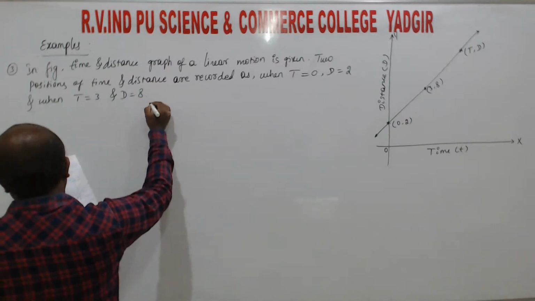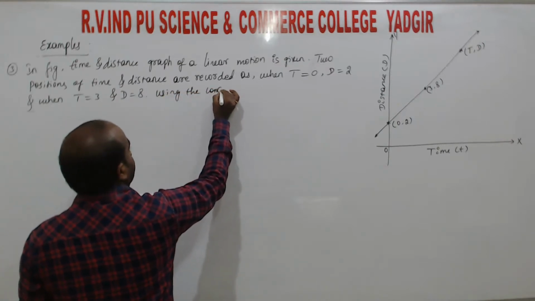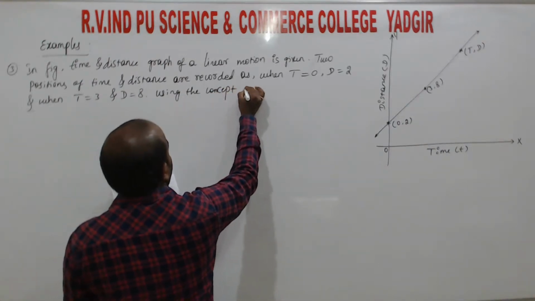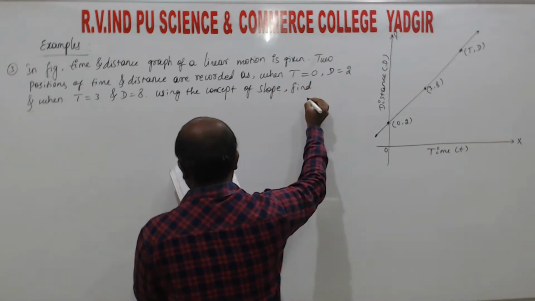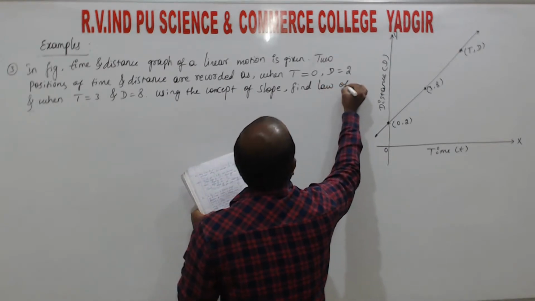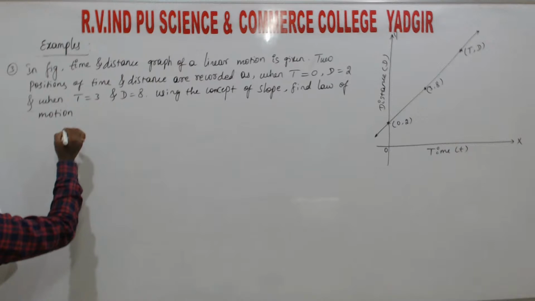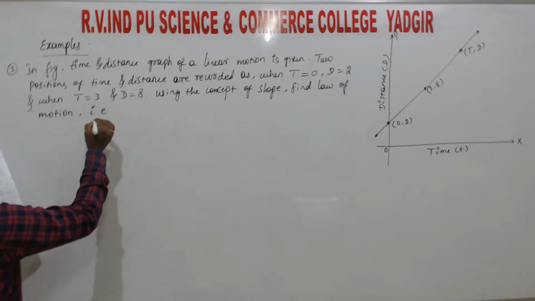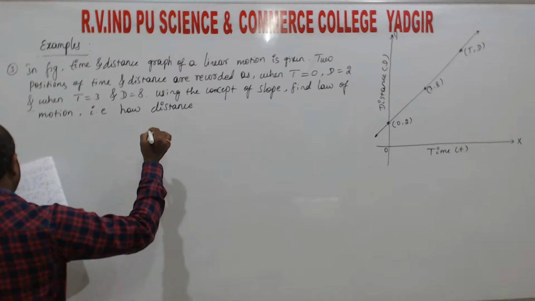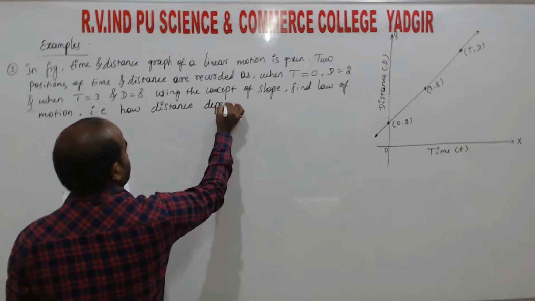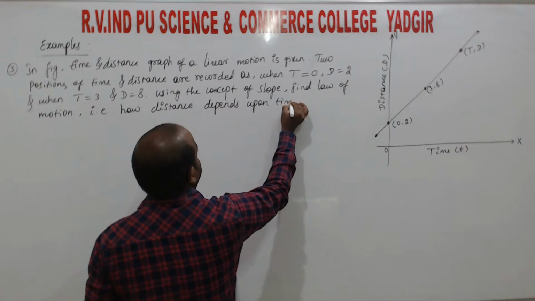Now, using the concept of slope, find the law of motion, that is, how distance depends upon time.